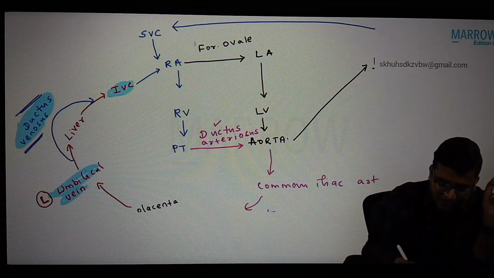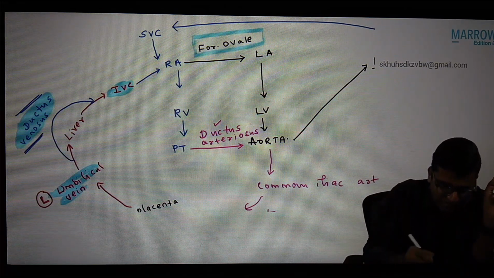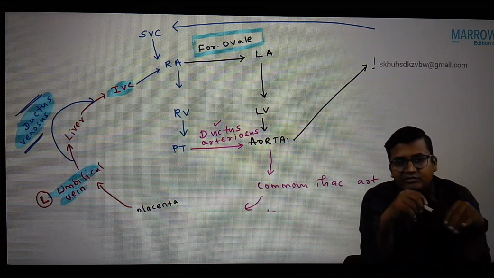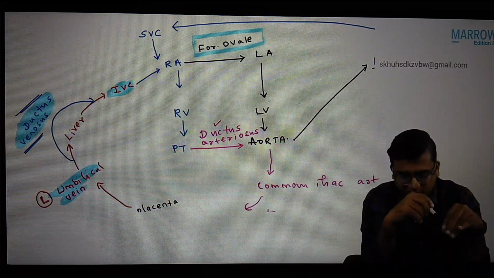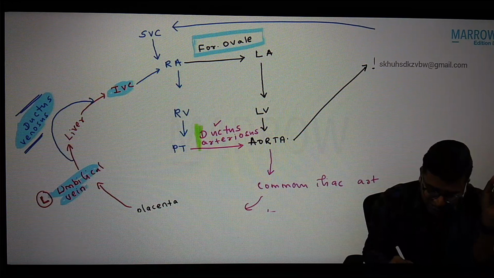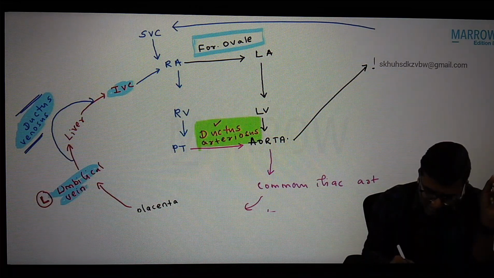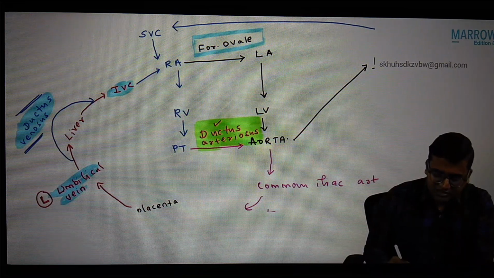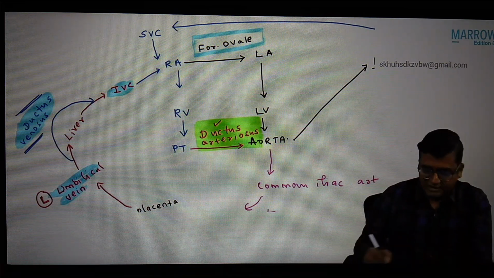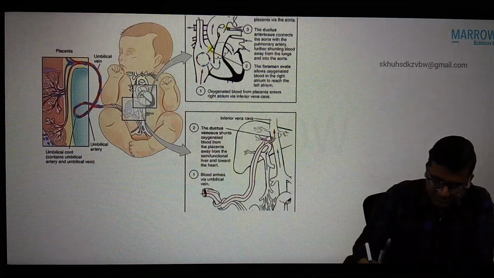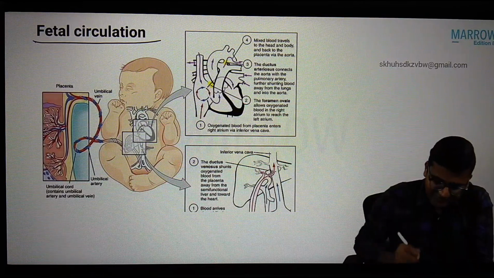First. Now we have a shunt between the right atrium and the left atrium, that is the foramen ovale. And we have a shunt between the pulmonary trunk and the aorta, that is our ductus arteriosus. So we have these three shunts. Right. Now see the diagram. The same thing we are seeing in the diagram.